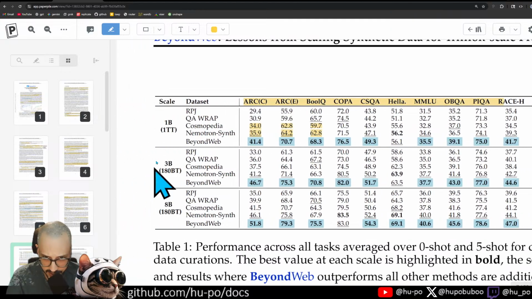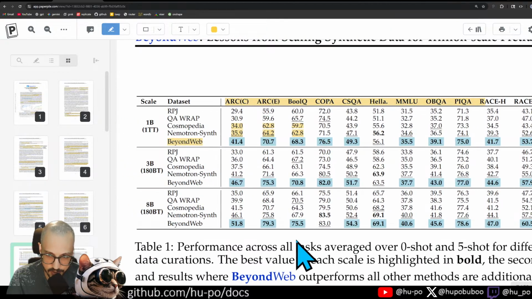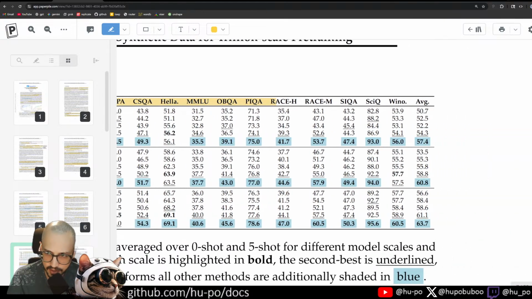And you can see here that Beyond Web, I guess, beats all of them, right? That's why this is the first table, because they really want to show how strong their results are. Some of these get relatively impressive bumps, but note also how it's dependent on the size. They tried a couple of different scales, and it seems to me the difference is more pronounced in the smaller domain.